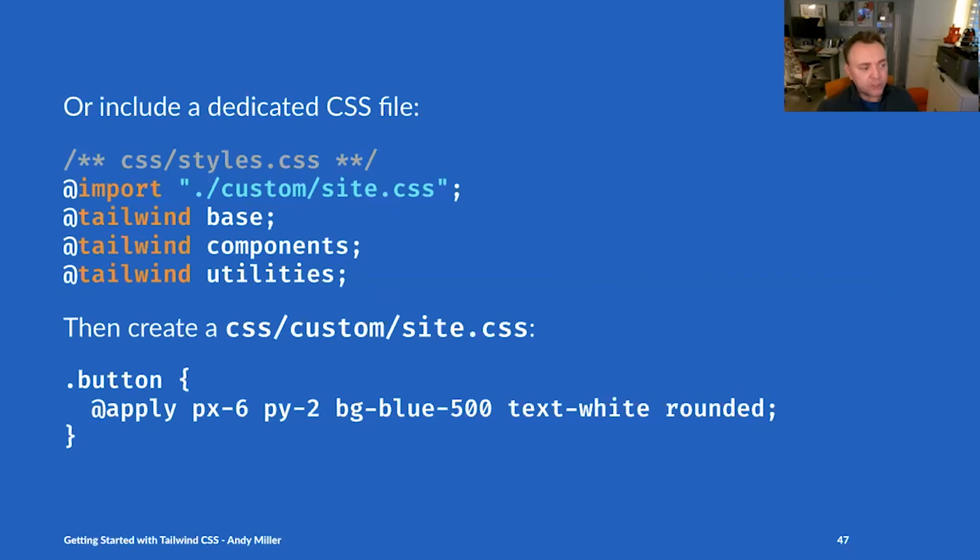The next approach is to include another CSS file. So use the import tag, as I've done here, and we're importing a custom/site CSS file. And here is an example, the same example as before, where I have a button definition where I'm applying some padding, a background color, a text color of white, and it to be rounded.